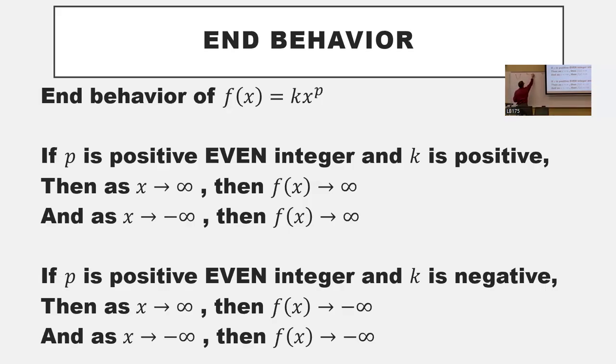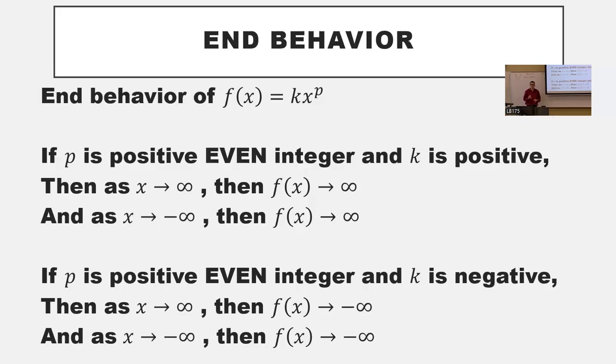So P even, K is positive, then I get a parabola shape pointing up. So as x gets bigger, it's shooting off towards positive infinity. And as x gets smaller, it's shooting off towards positive infinity. So both sides are going up, in other words. So this is just fancy notation for both sides going up.